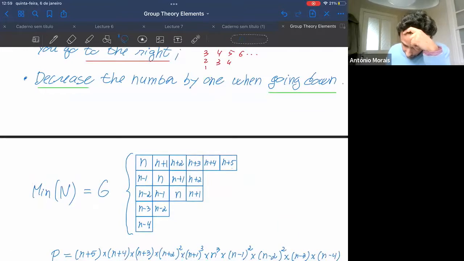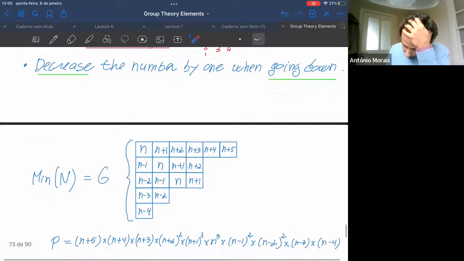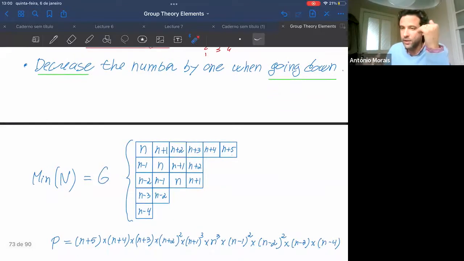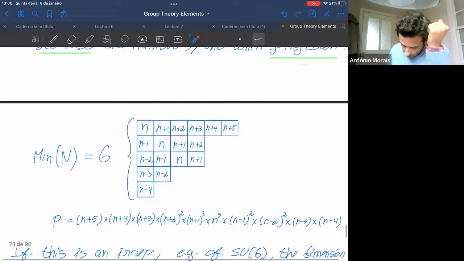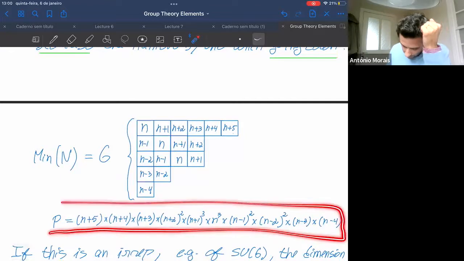So for example, here you have 6 boxes. If I'm not putting dots here, this means that the minimum n is 6 for this Young tableau that we've been talking about. So n is equal to 6 or above. The P factor is the product of all of them.